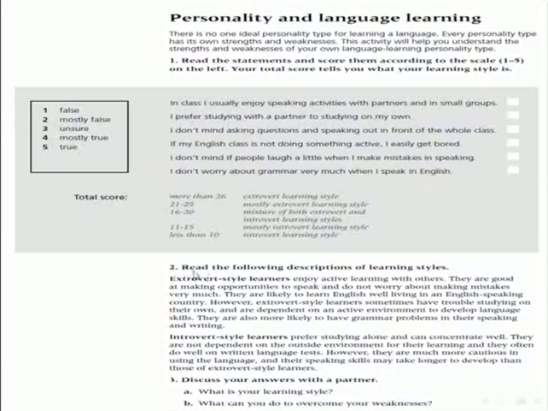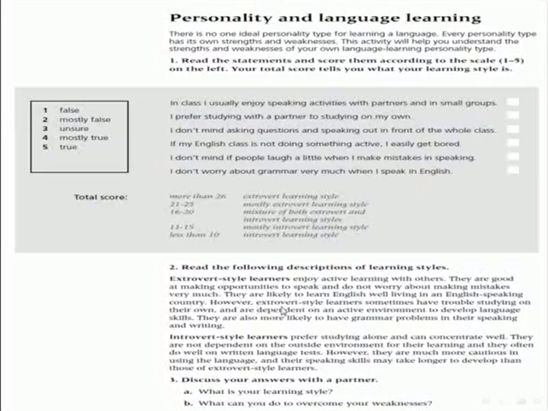Exercise number 2, read the following descriptions of learning styles. Now here, extrovert and introvert, what's the difference? Extrovert style learners enjoy active learning with others. They are good at making opportunities to speak and do not worry about making mistakes very much. They are likely to learn English while living in an English-speaking country.